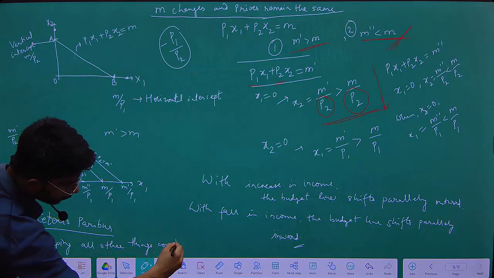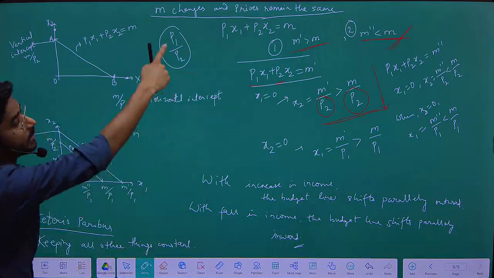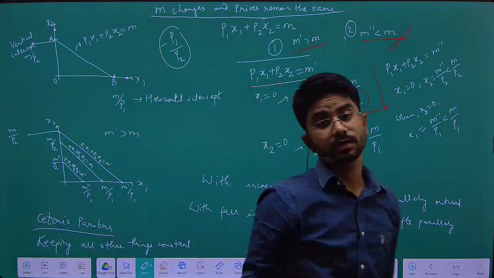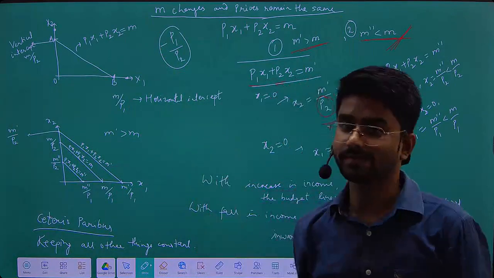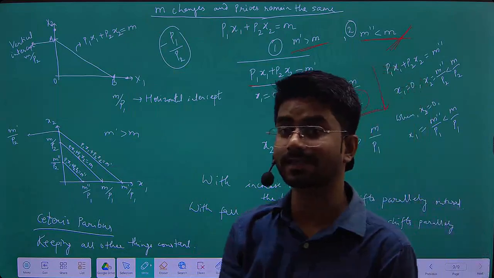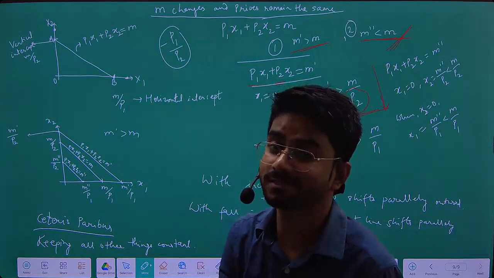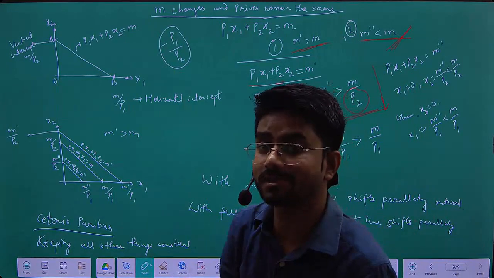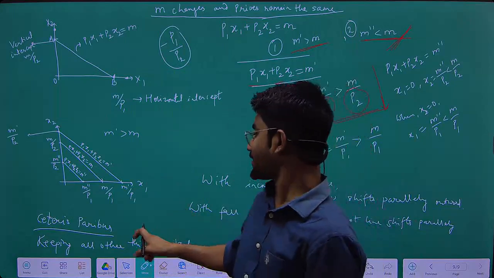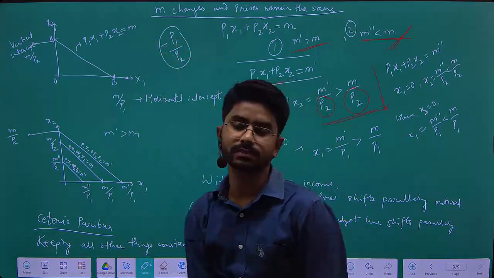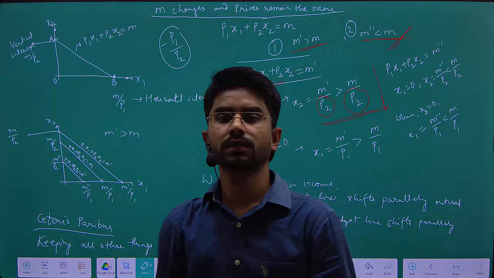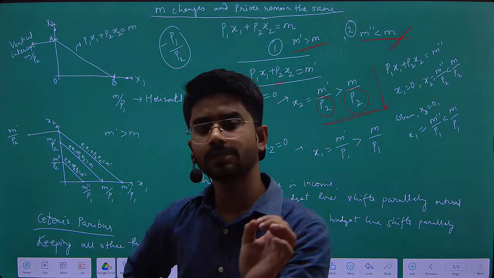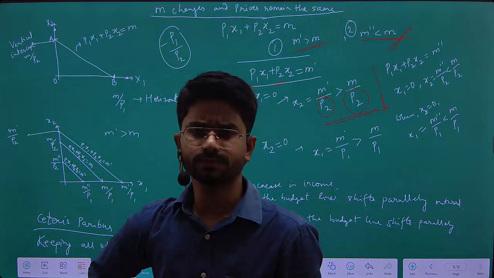So if we say that the money income is changed, ceteris paribus, in that case we are saying that only money income is changed. Okay, no other variable is changed. In that case, you will have the statement like this: for the consumer, there was the change in money income.